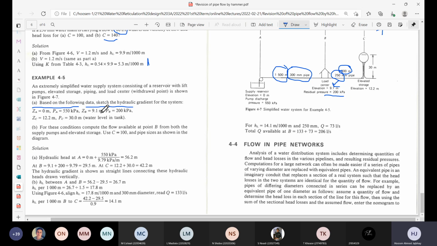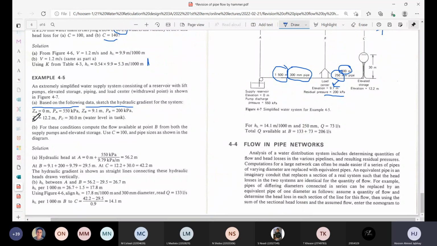Then at point B, the elevation head is 9.1 meters, so that's how high above the datum point B is, and the pressure at point B is 200 kPa. If you put a piezometer at point B, you get a pressure of 200 kPa, and at point A, you get 550 kPa.